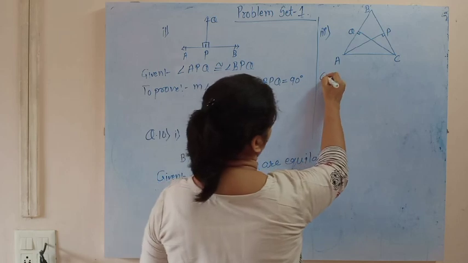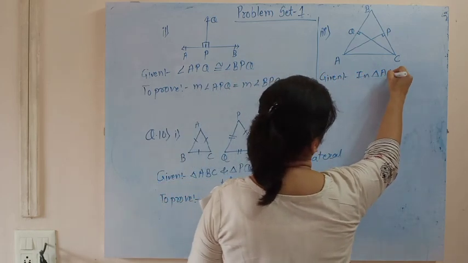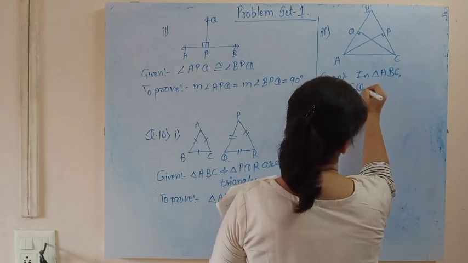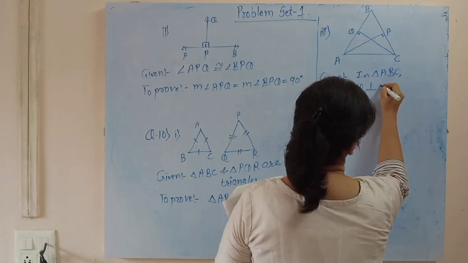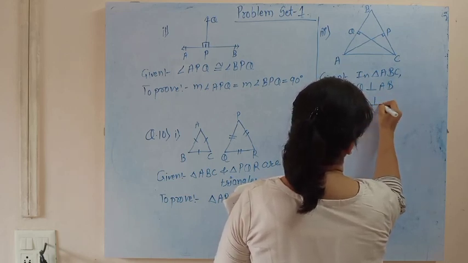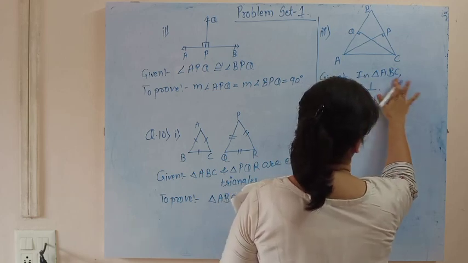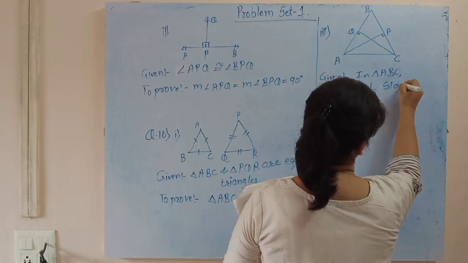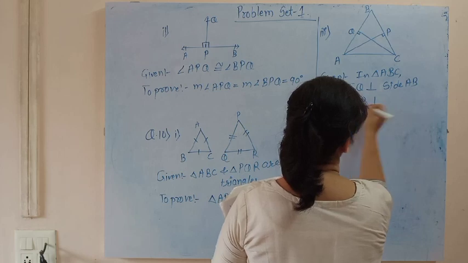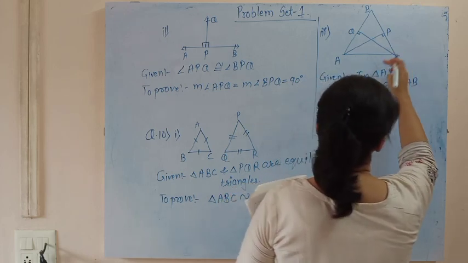Okay. So here I am going to write given in triangle ABC, seg CQ perpendicular to side AB, then seg AP perpendicular to side BC.